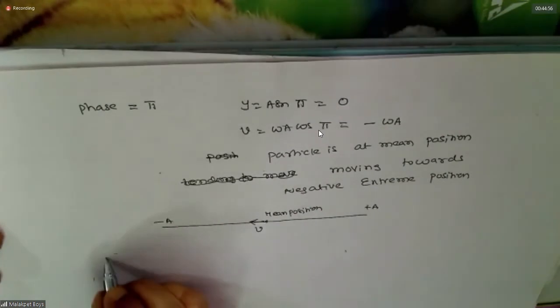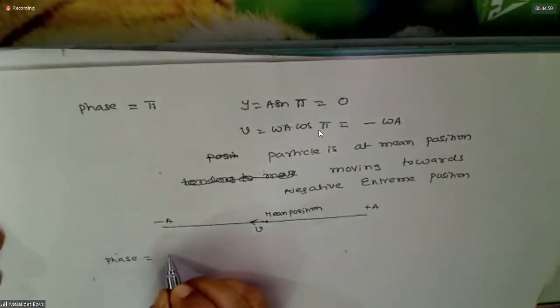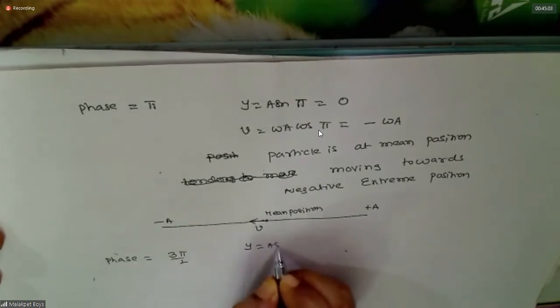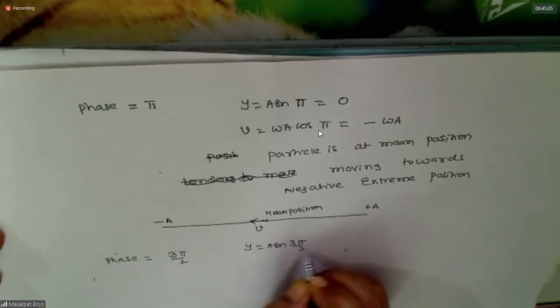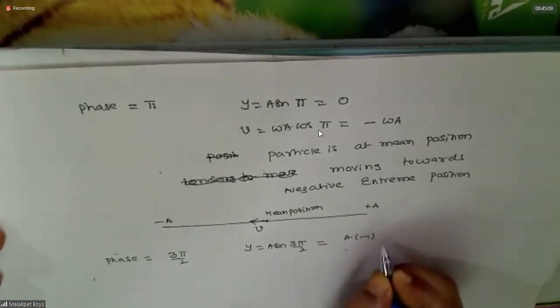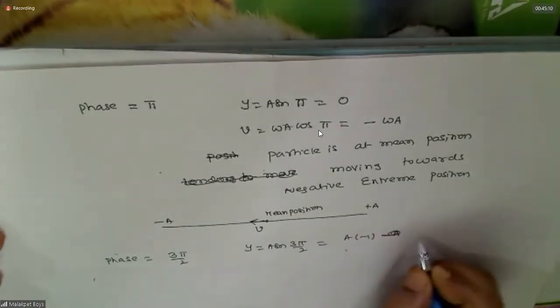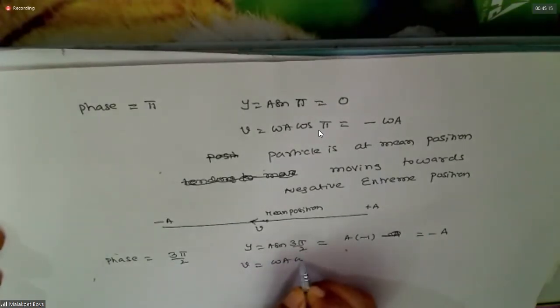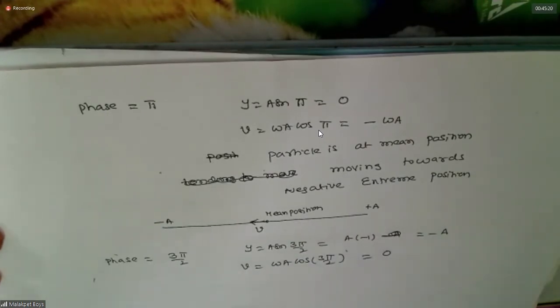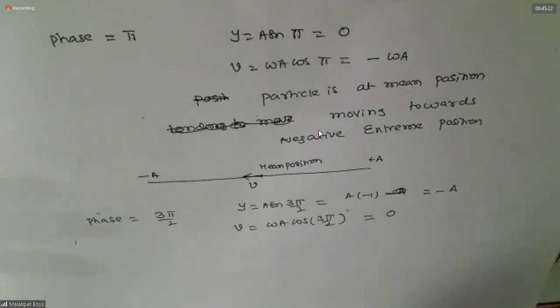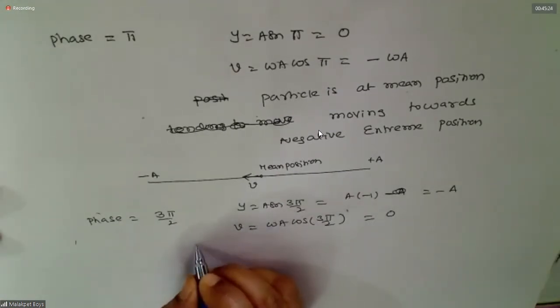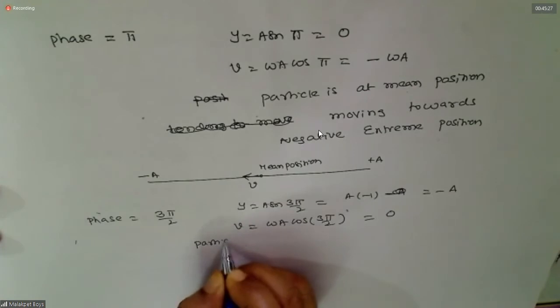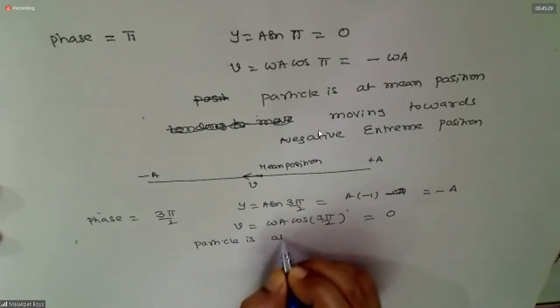Now suppose the phase is given as 3 pi by 2. Then what will you do? Sin 3 pi by 2 is how much? Minus 1. Remember? Do you agree with this? So now you can see the particle is at the negative extreme position.